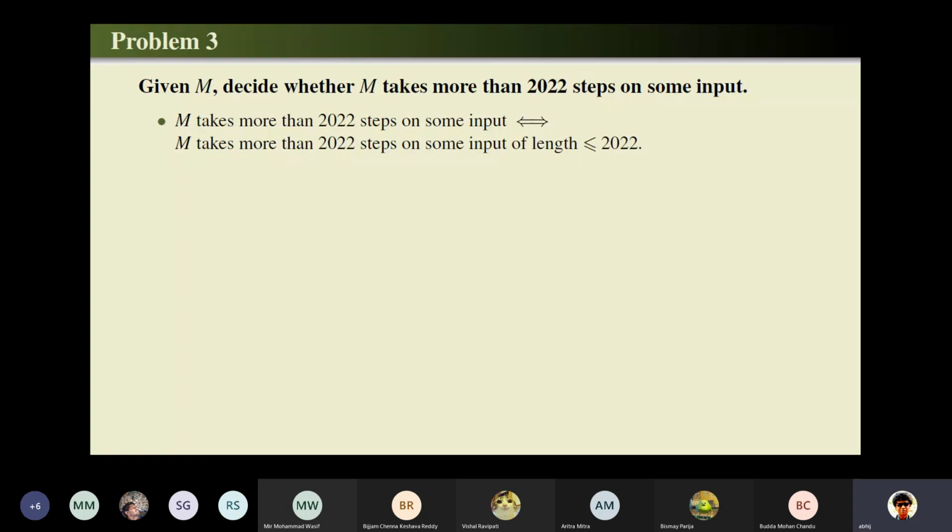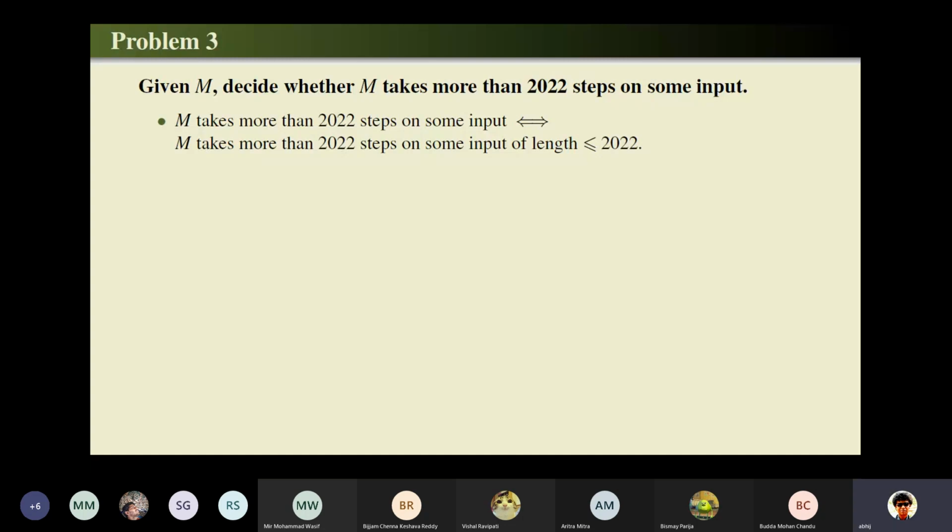One thing is obvious. The right side of this implication definitely implies the left side. It's obvious, right? If M takes more than this many steps on some input of bounded length, this is definitely true for the unrestricted space.